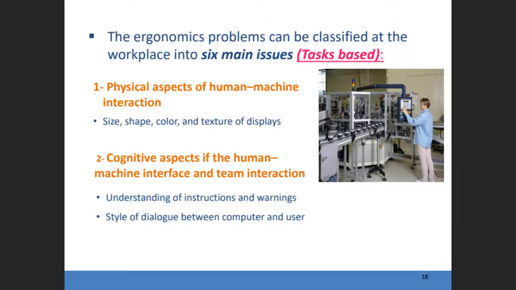The physical aspects, for the shape, the color, the size, the texture of the machine, could be the problem. I mean the interaction between them was based on a physical problem from the machine itself or from the task itself. The second is the cognitive aspect of the human-machine interface and team interaction: understanding of instructions and warnings, style of dialogue between computer and user.